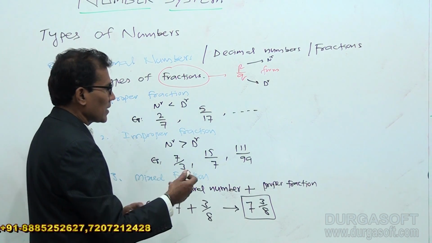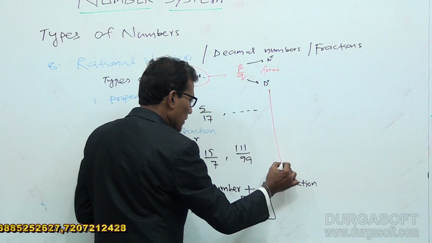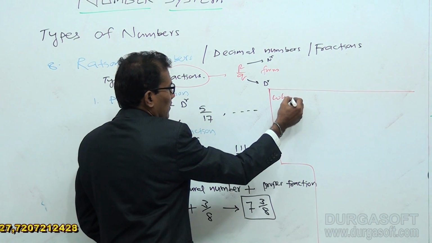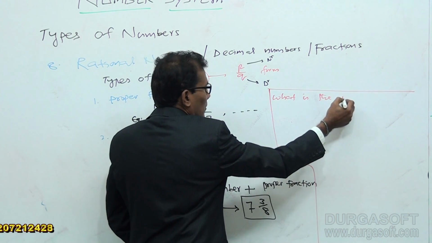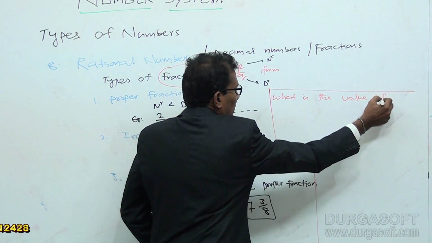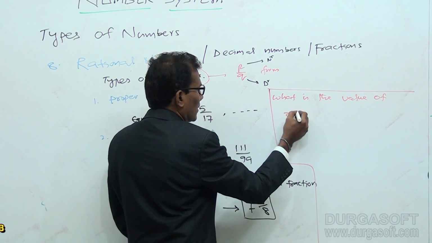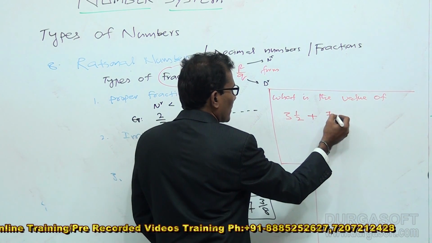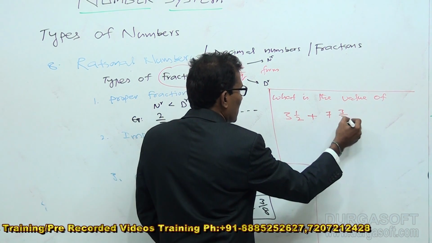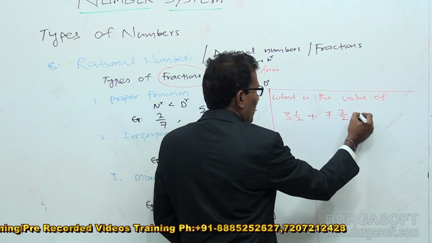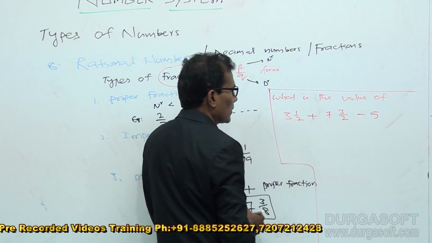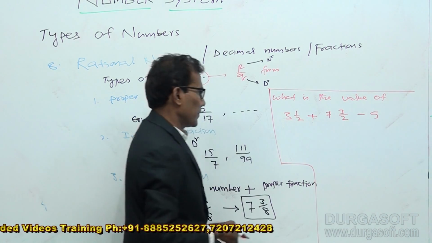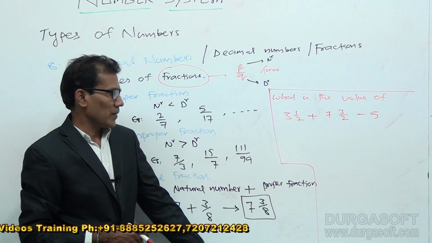See, for example, in a real time question, if we see a problem like this: what is the value of 3 1 by 2 plus 7 3 by 2 minus 5?